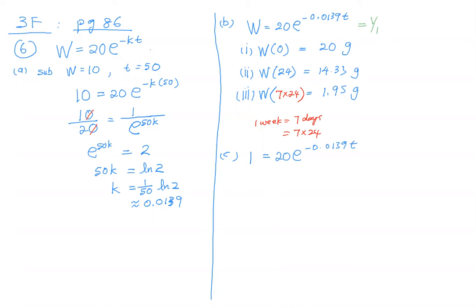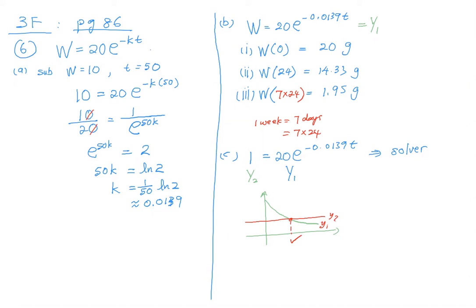You can put this into your solver. If you don't want, you can use the graphical method. You have this in Y1, correct? Then you put the other in Y2. Then you have a graph that goes in this way, and another graph, the Y2 here. You find the intersection point, then you get the answer.